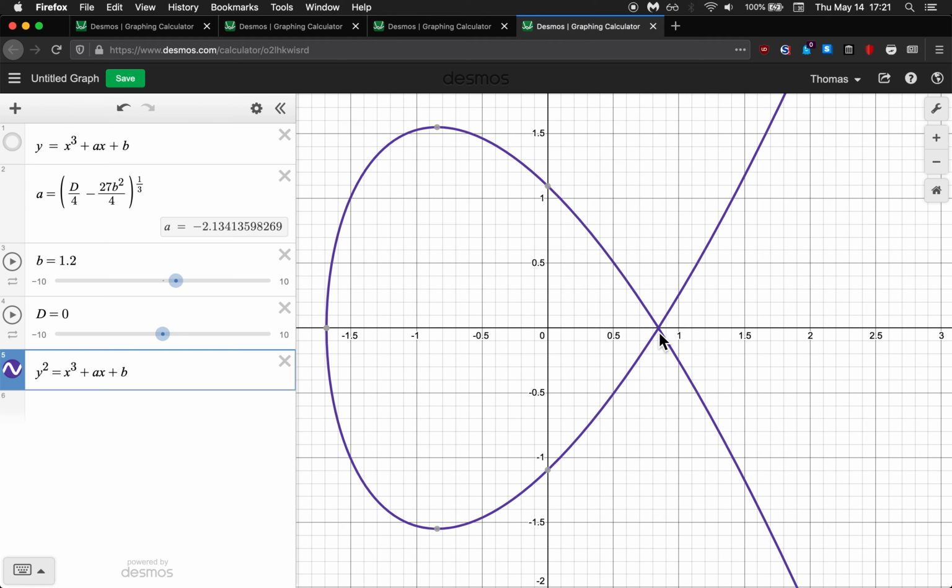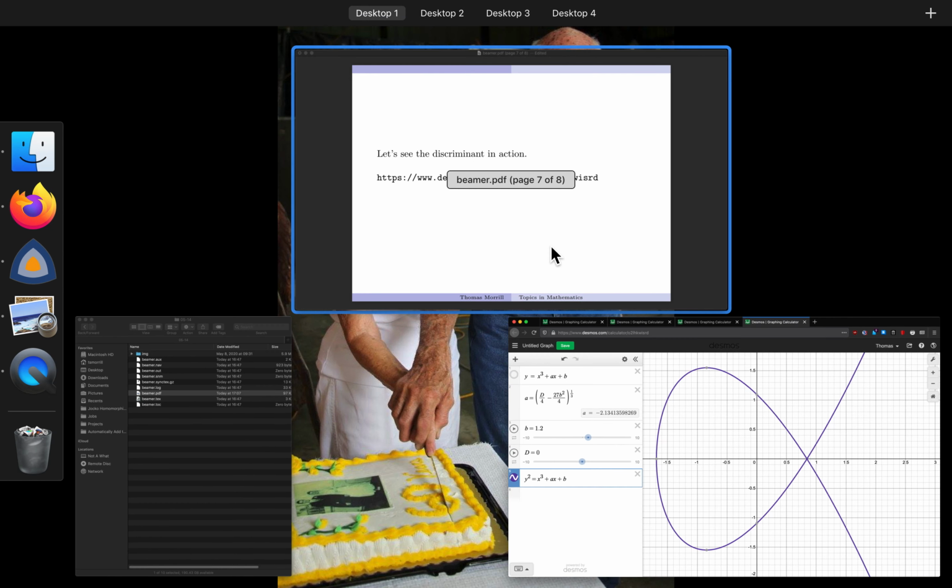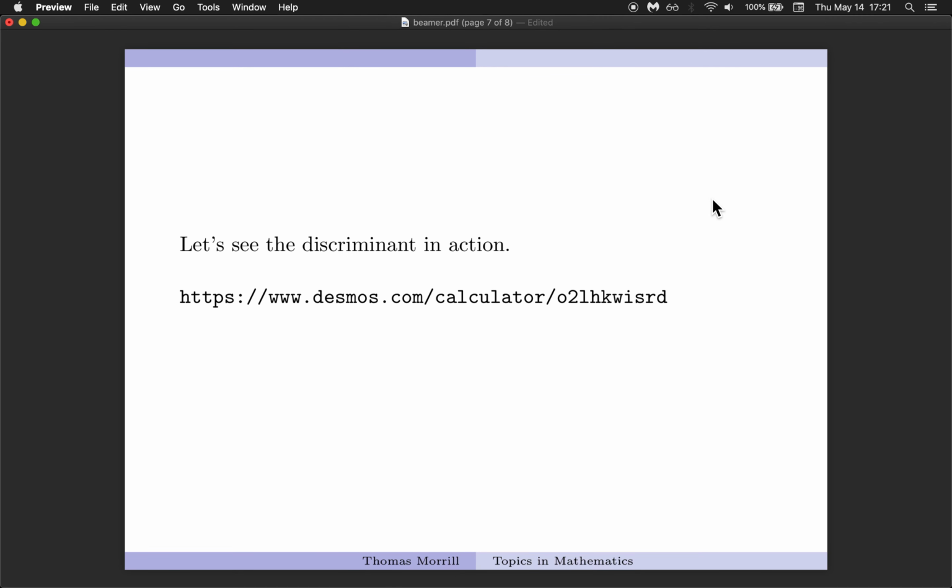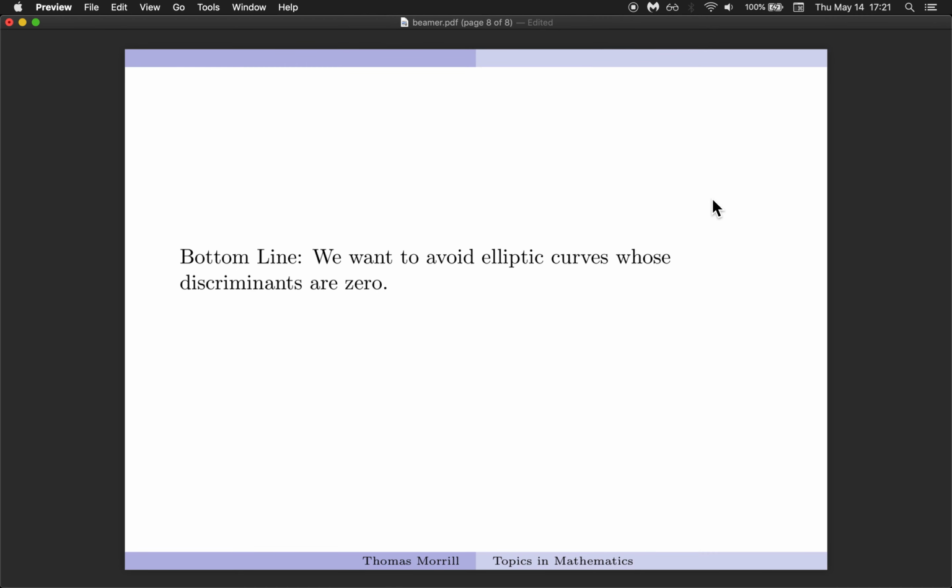So I'll say that one more time. For elliptic curve cryptography, we do not want an elliptic curve whose discriminant is 0. But fortunately, that is a super easy test to calculate. We just take the constant a, we take the constant b, we put them into the formula, and if that is 0, okay, we got to throw that elliptic curve away.